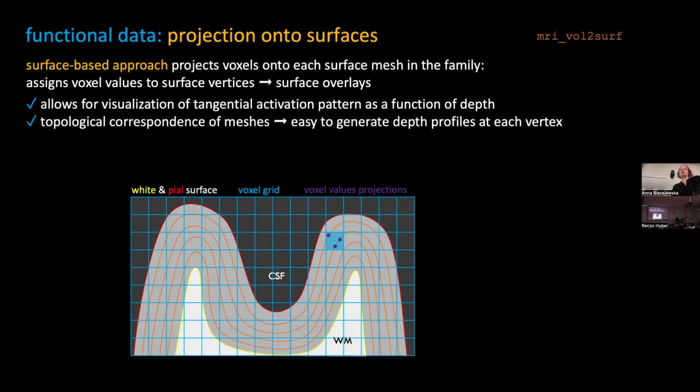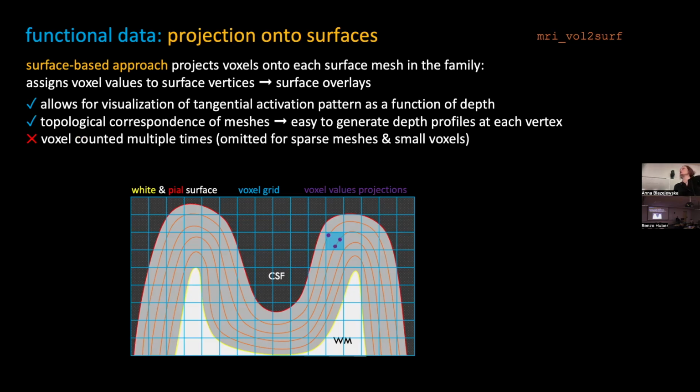But it does give an issue with counting voxels, and that has been discussed already, that depending on what kind of analysis you're doing, you may want to choose different ways of creating surfaces or working either in volume or surface space. So this is just another tool that I'm proposing here, not really any better or worse than the other ones.